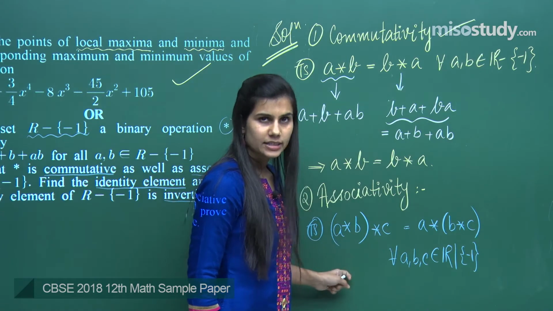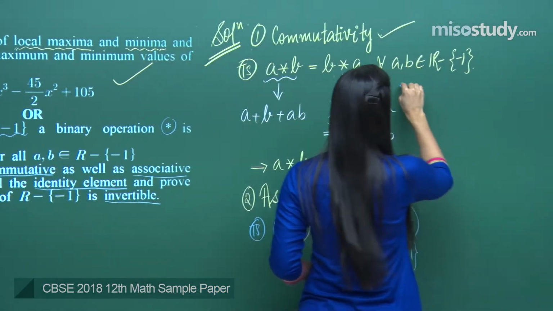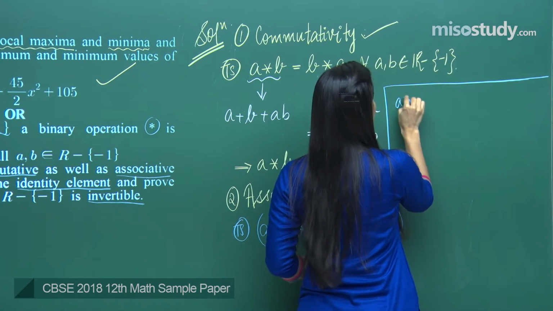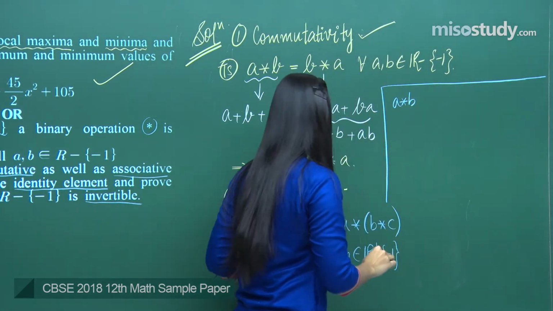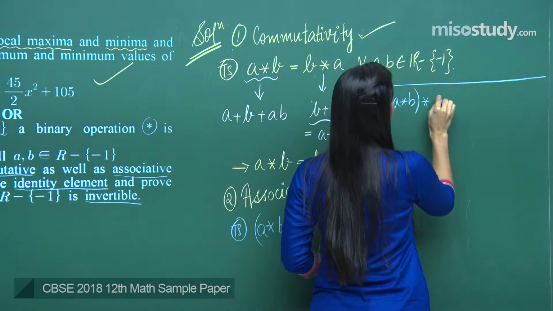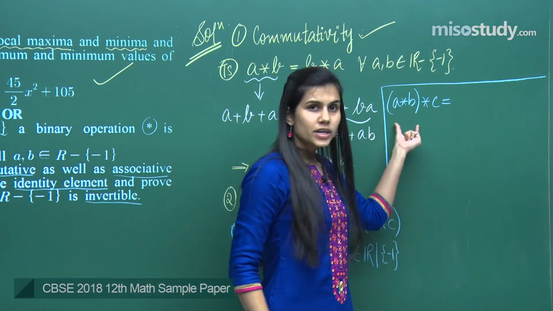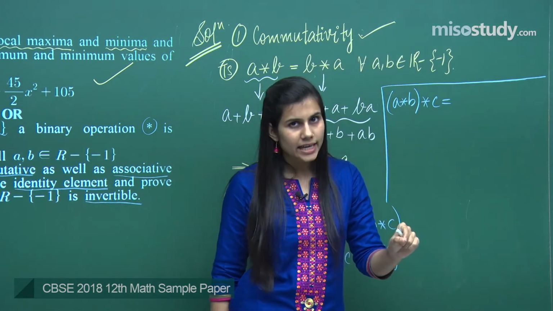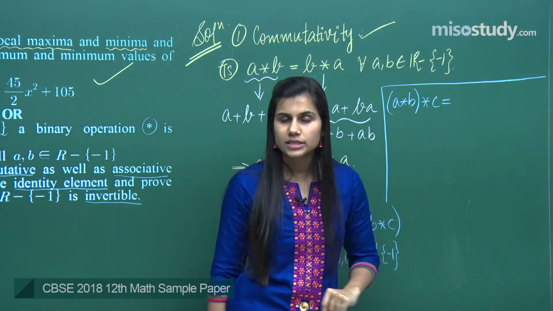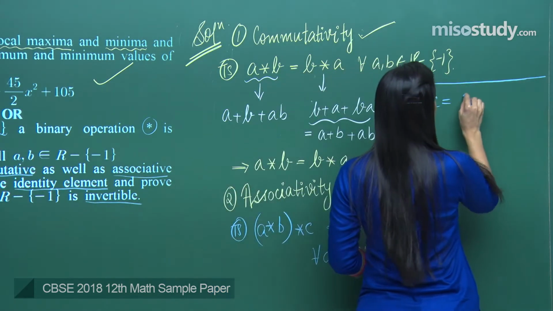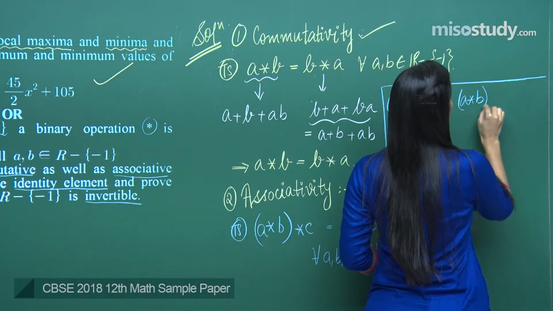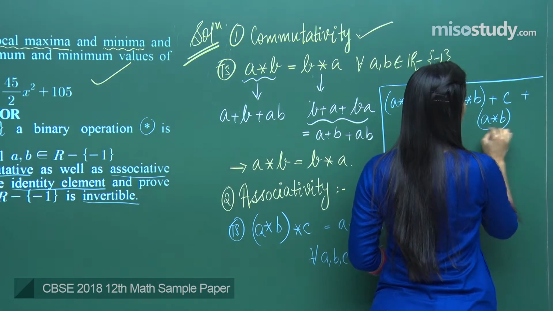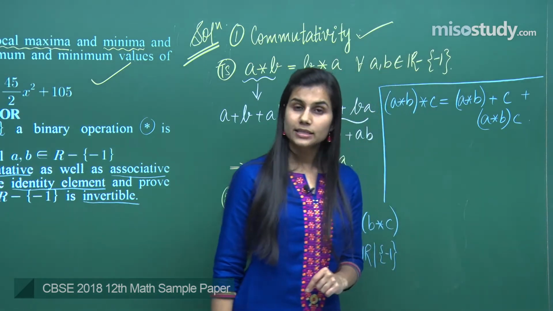Let's deal with the left hand side, (A star B) star C. Now this is the first term operated with the second term. That means first term plus the second term plus the product of the first and the second term. That's how the operation is.